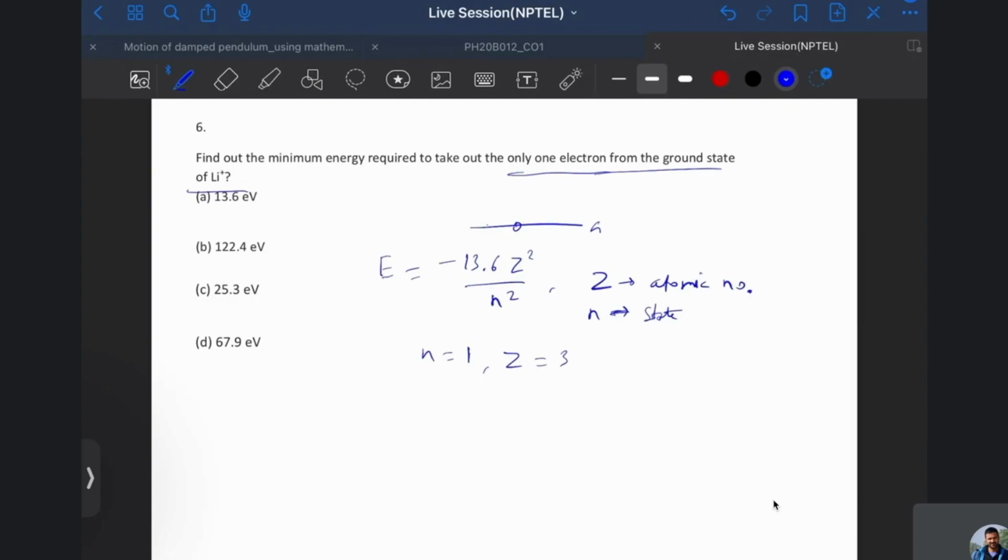And to ionize this lithium ion means what? Which state we have to take the electron to? What should be the final state? Anyone?